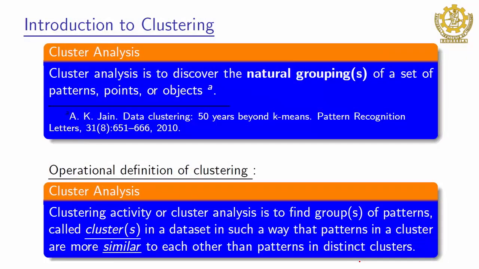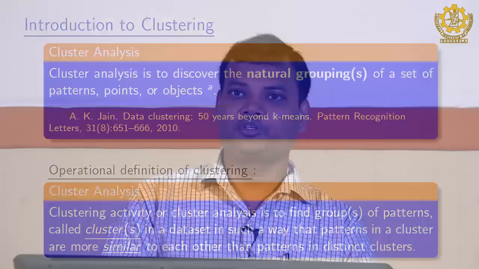Now, we will go back to definition number 2, that is, the clustering activity or cluster analysis is to find groups of patterns called clusters. You make a group of patterns and each group is called a cluster. What is the characteristic of this cluster? If you take any two objects within a group, they will be much more similar than if you take two objects from two different groups.